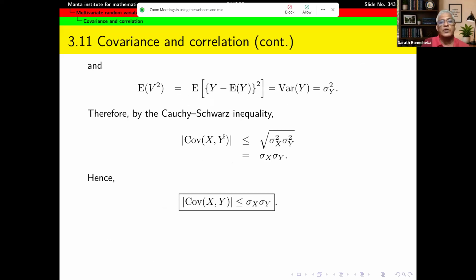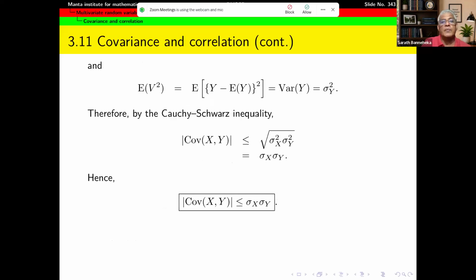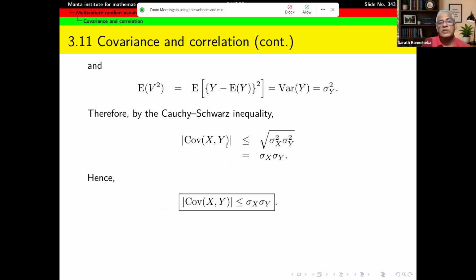So therefore, we can say the absolute value of the covariance is less than or equal to the square root of the product of the variances. If you apply the Cauchy-Schwarz inequality directly to this, the absolute value of the covariance is less than or equal to this quantity.